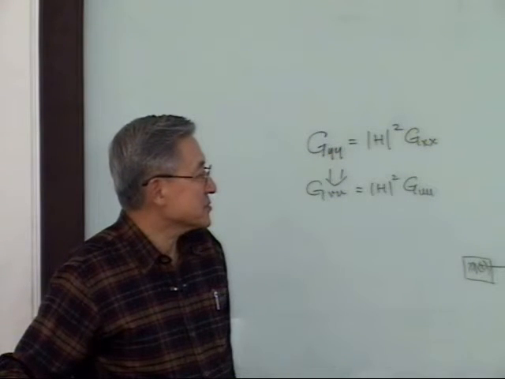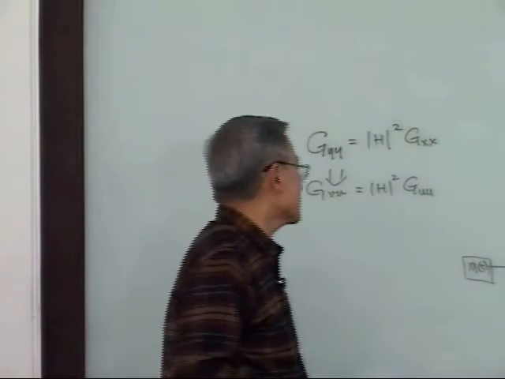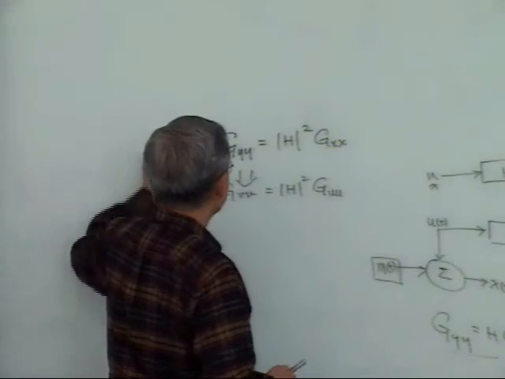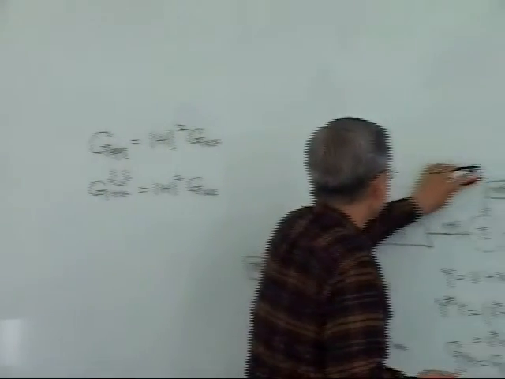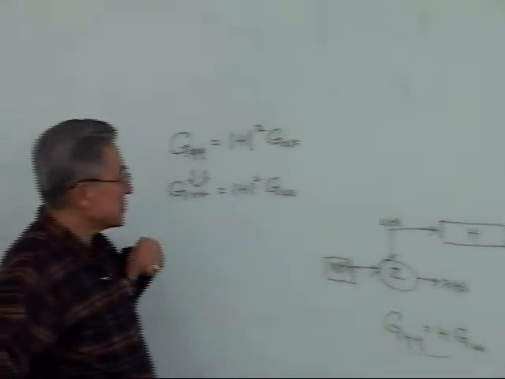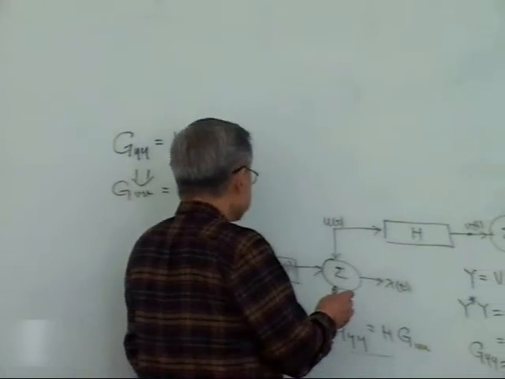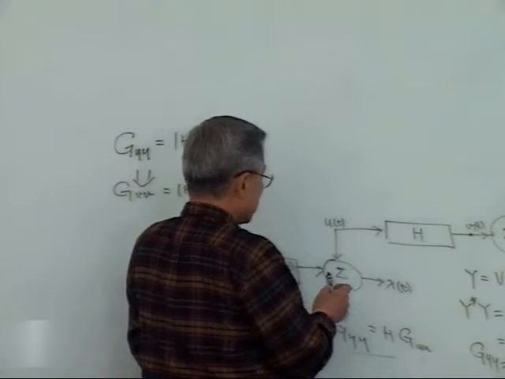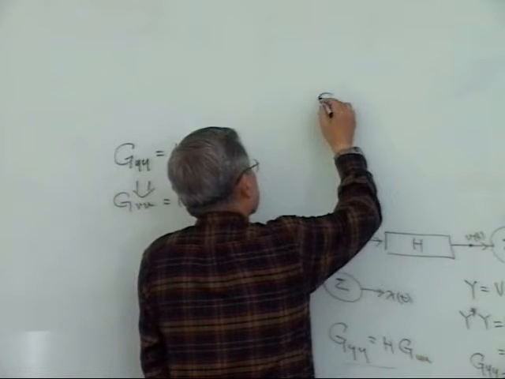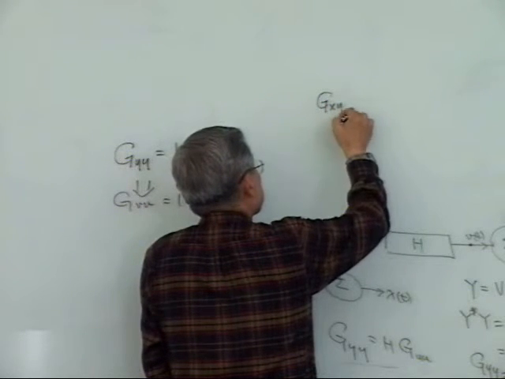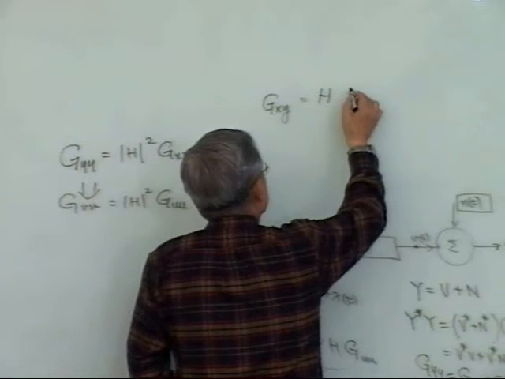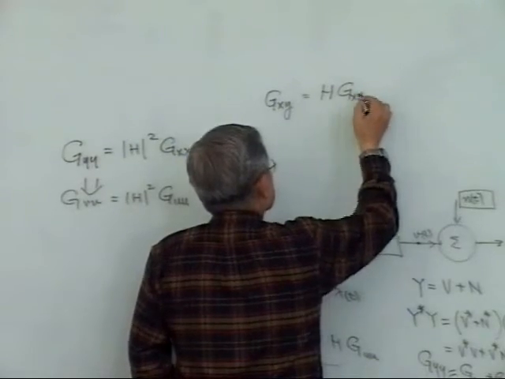Okay, what I can do, if I can drive, you drive, okay? What I can do is drive this guy first, get the relation, which I can say this guy is GXX, correct?